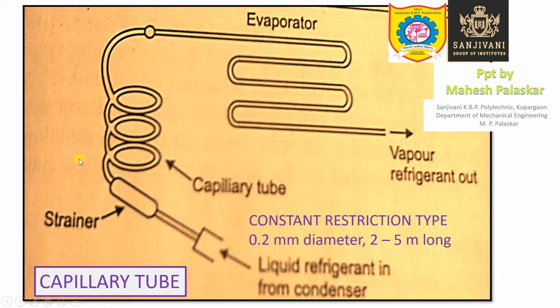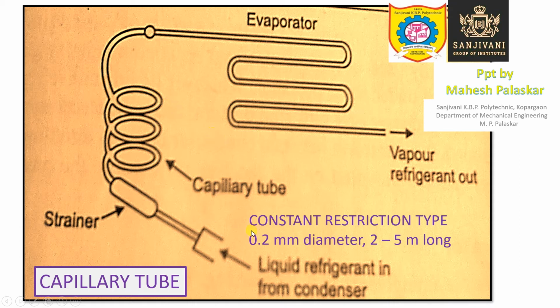And if at all there is variation in the load, due to the change in the evaporator pressure and the condenser pressure, the flow will automatically change to some extent, though the restriction doesn't change. So the pressure difference may slightly change, and that will lead to a slight change in the flow rate of the refrigerant through the capillary tube. Otherwise, in the capillary tube we cannot change the restriction.